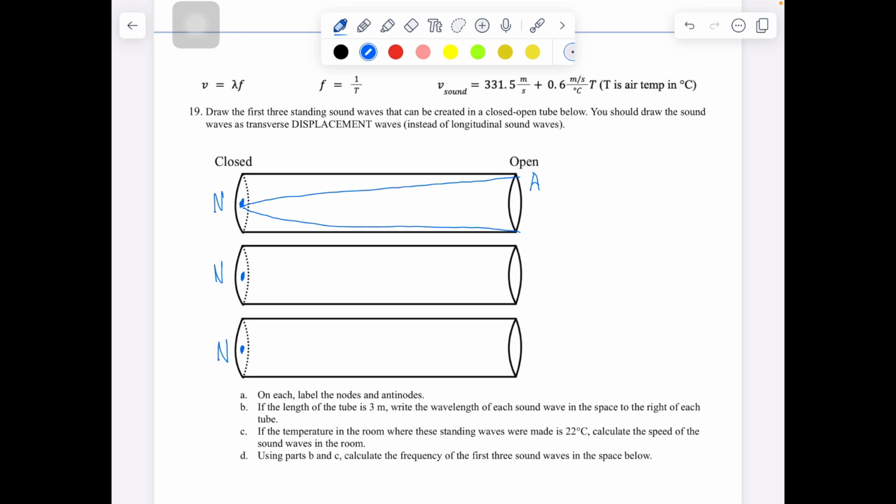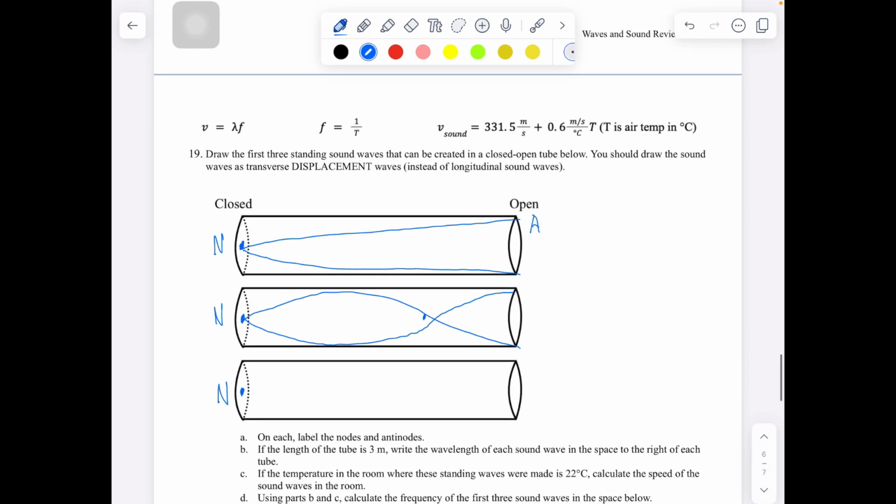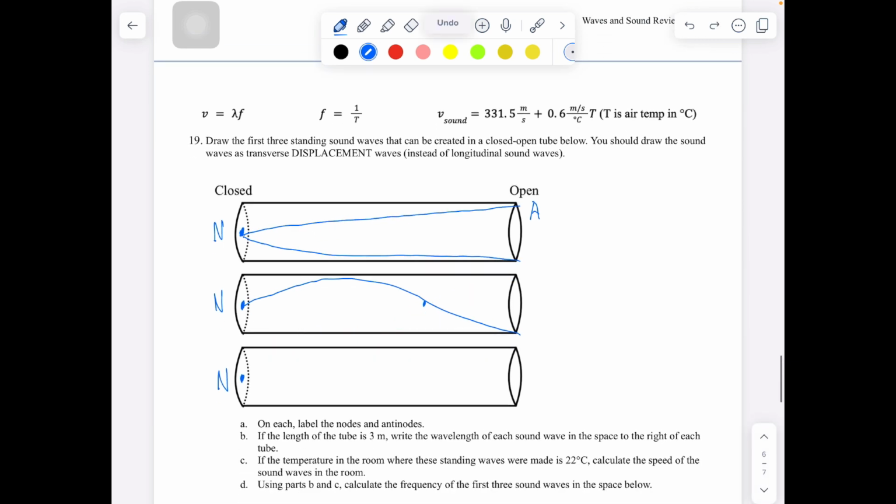Our second pattern, we're going to have a full loop and half a loop. It's going to look something like this. Let's close that full loop. I totally missed my dot. Let's try that again. Much better. Here we have another node right here.